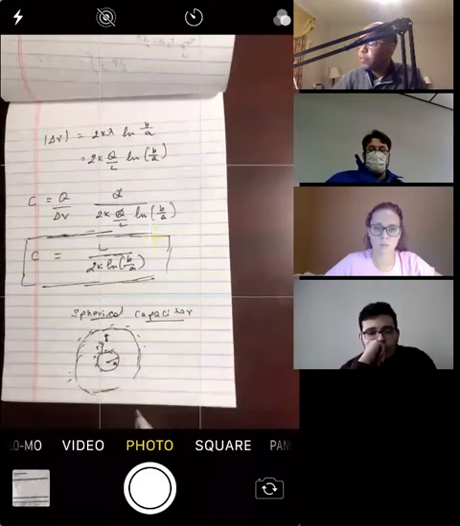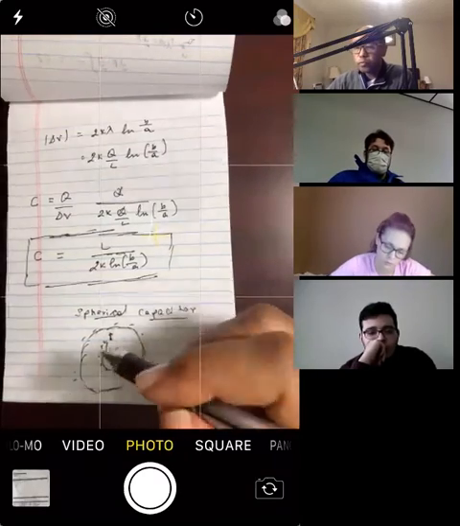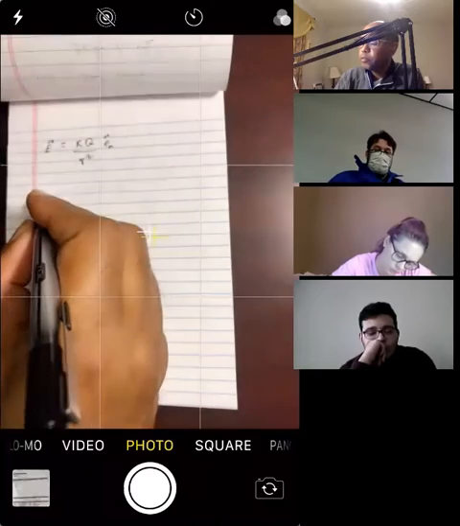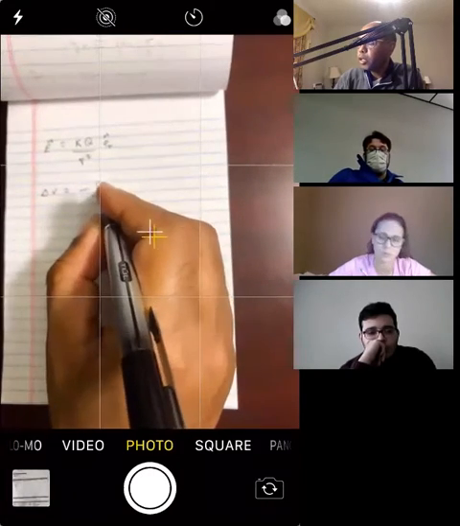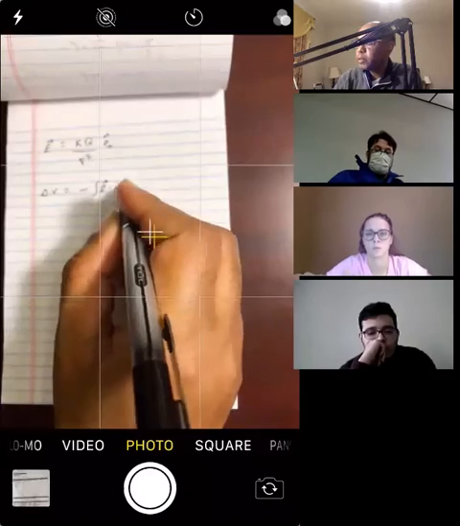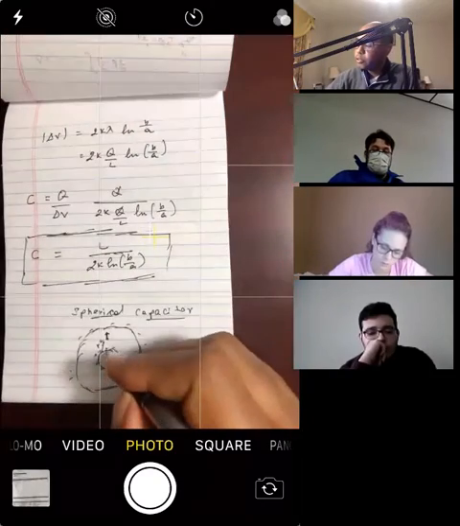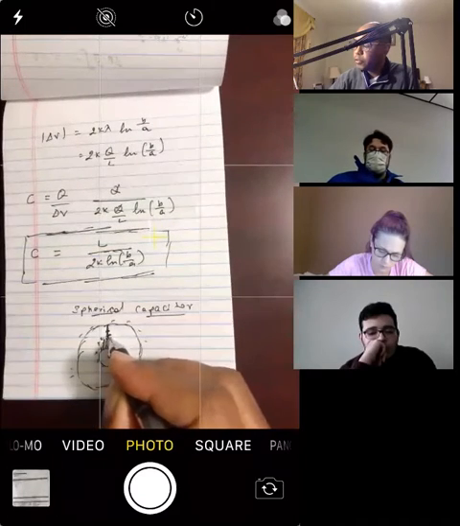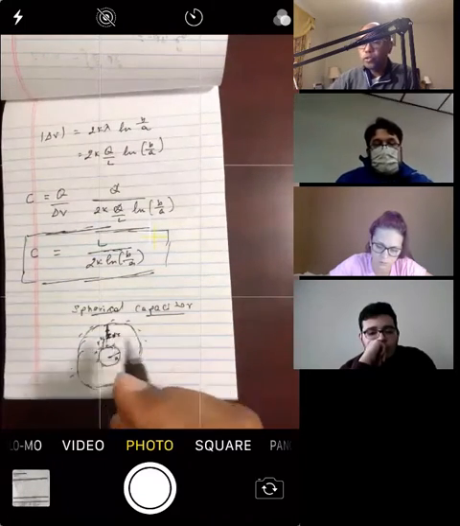We have already done this when we were doing Gauss's law, so let me just write the formula. We can choose any path to do the integral for the potential difference. The potential difference is the negative of the dot product between electric field and a path element. I'm going to do the integral in the radial direction. A small path element is simply dr in the direction of the unit vector.